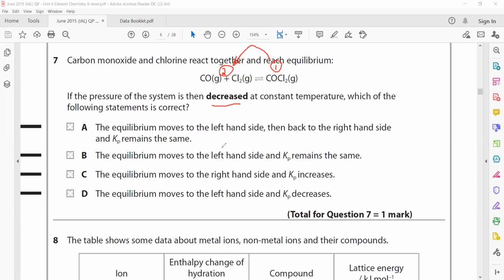So equilibrium will shift toward the left hand side. But what happened to the value of Kp? The value of Kp is affected by temperature, not affected by the shifting of equilibrium. So the Kp will remain the same. That's why B is the right answer.